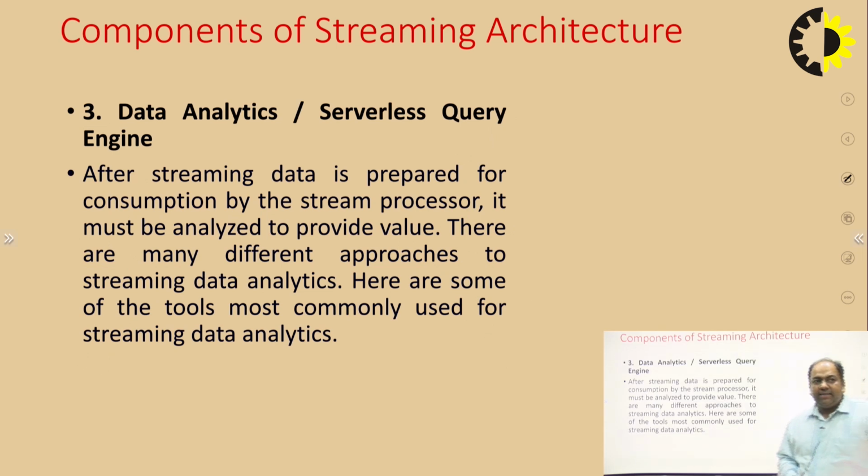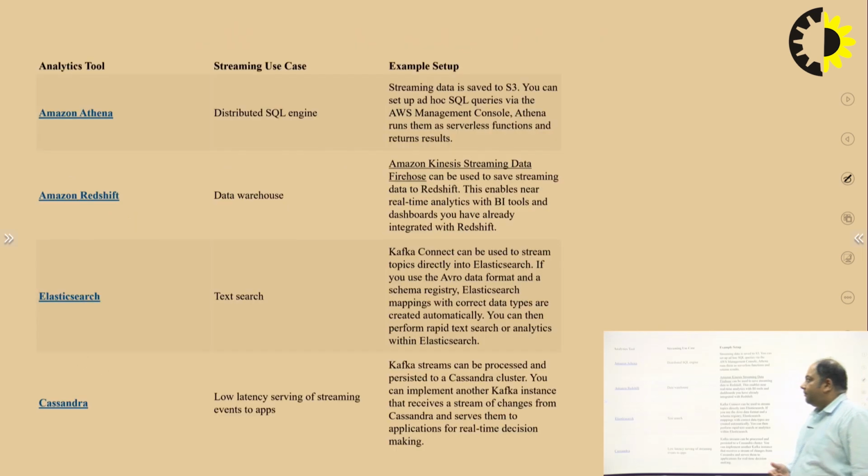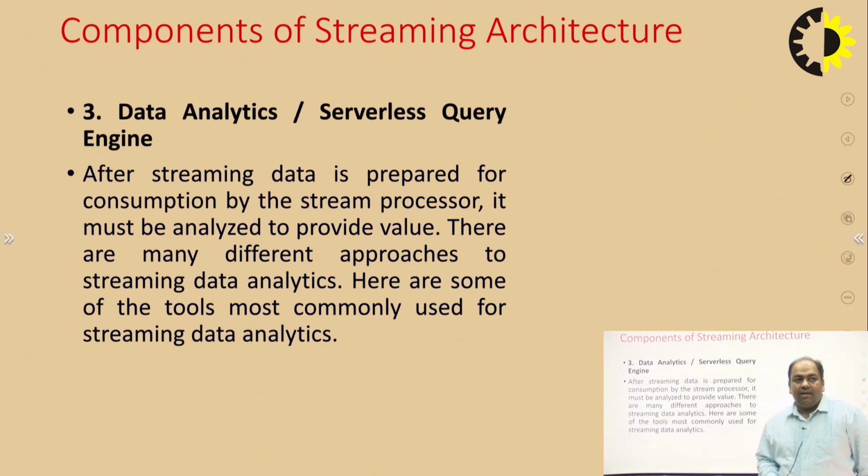Third component is the serverless query engine. After streaming, how will the data be stored and what are the different approaches through which it will be analyzed? After streaming data is prepared for consumption by the stream processor, it must be analyzed to provide value, and there are some tools which do this.